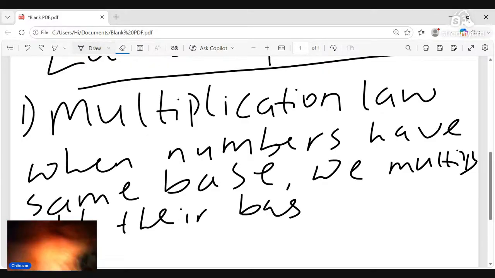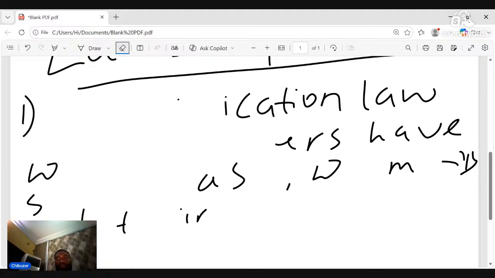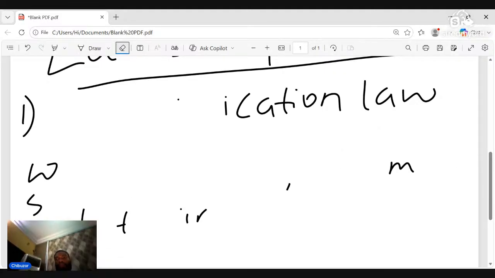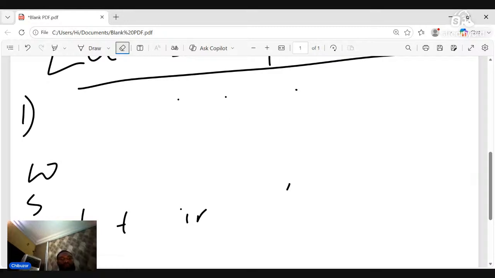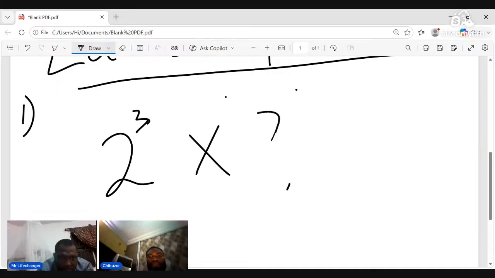For example, when we have 2^3 times 2^3.